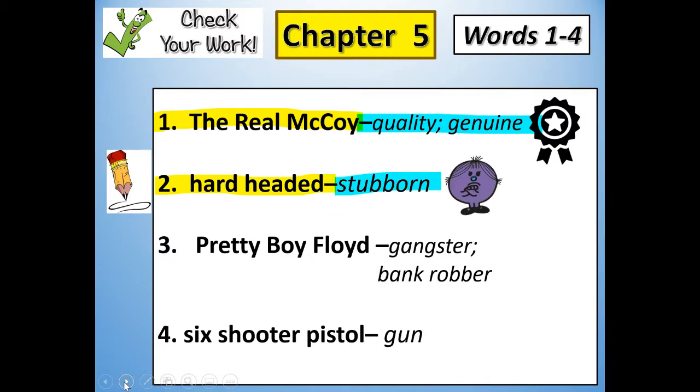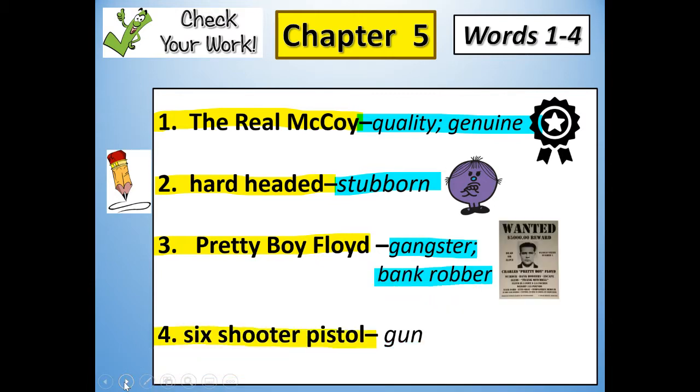Number 3, Pretty Boy Floyd. He was a famous gangster or a bank robber. And number 4, 6-shooter pistol is a gun. So if you need to, push pause, make sure you have all 4 of these words, and then in the second column, a synonym or short definition, and then in the third column, a quick sketch.